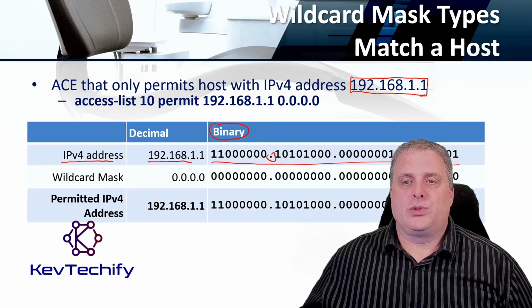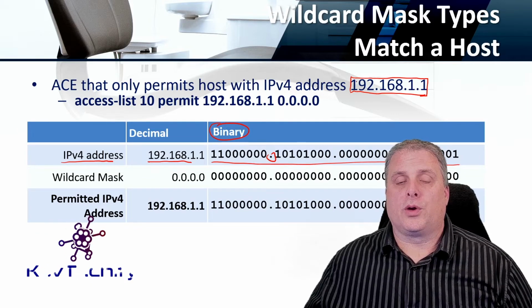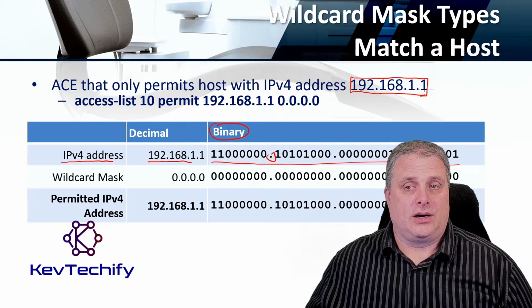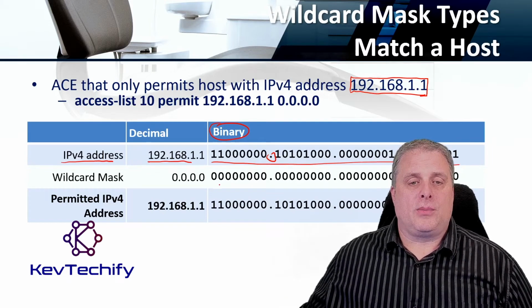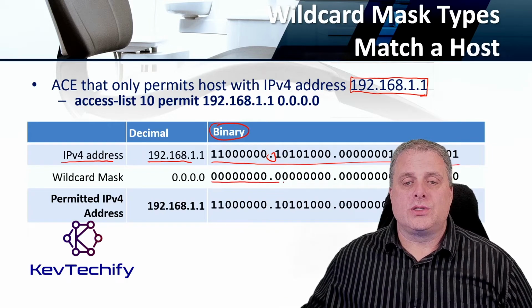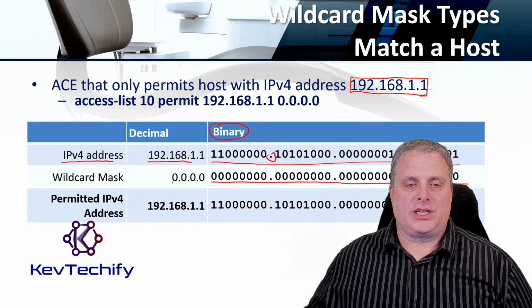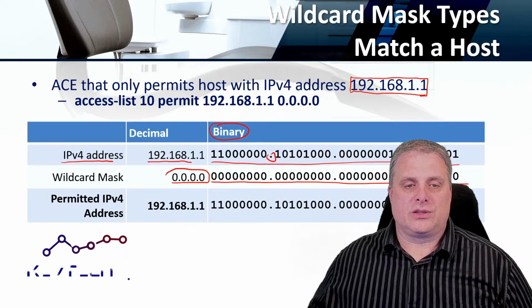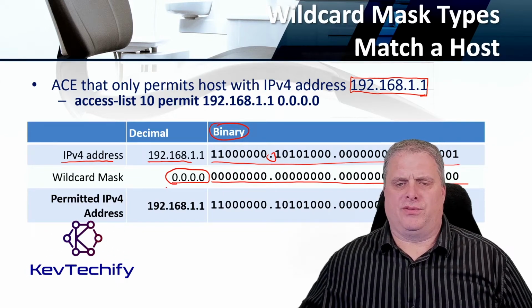Then, because we are going to match all 32 bits here, we need to put all zeros in here. That gives us our wildcard mask. If we put all zeros in here, that gives us a dotted decimal notation of 0.0.0.0. 4 zeros.